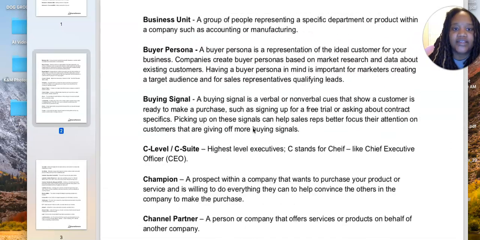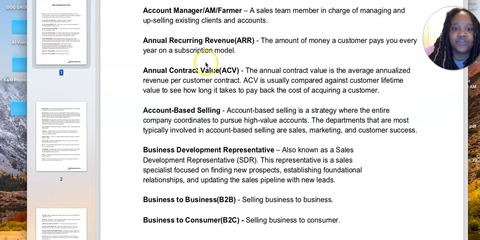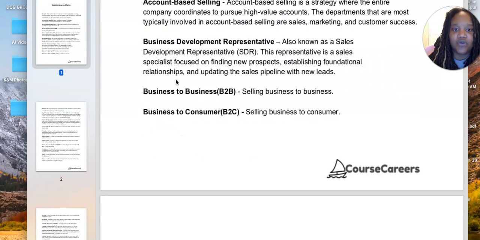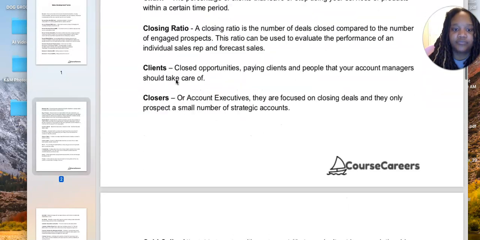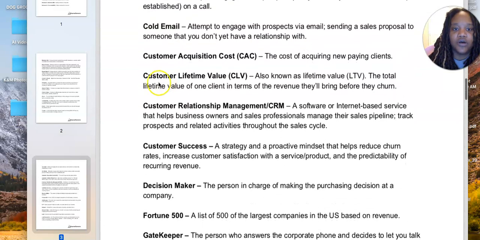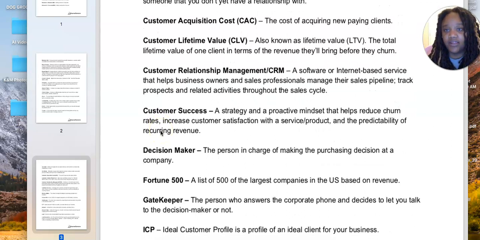So that's, like I said, related to this terminology that we talked about, which is part of the annual contract value. So customer lifetime value is pretty much them guessing how much that customer is worth over a lifetime before they leave and want to go to another company.